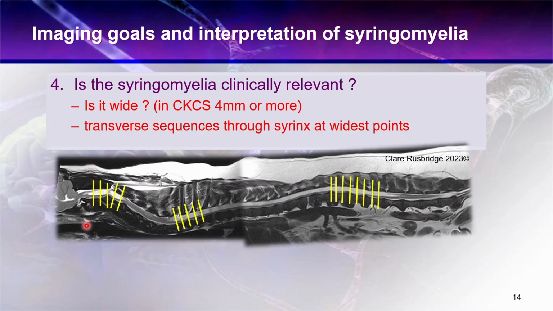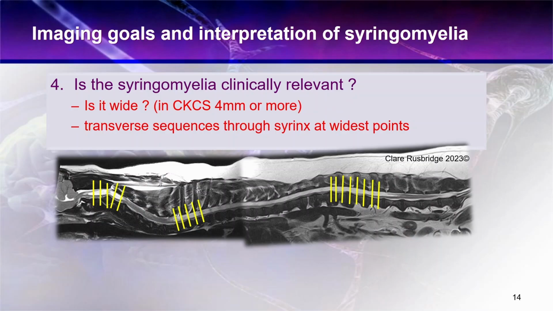I normally take transverse images through all the wide parts of the syrinx, so demonstrating where I would take the transverse images here. A clinically relevant syringomyelia in a Cavalier King Charles Spaniel would be 4 millimeters or more. I would reduce that obviously for our tiny breeds to 3 millimeters or more, but that hasn't actually been defined.